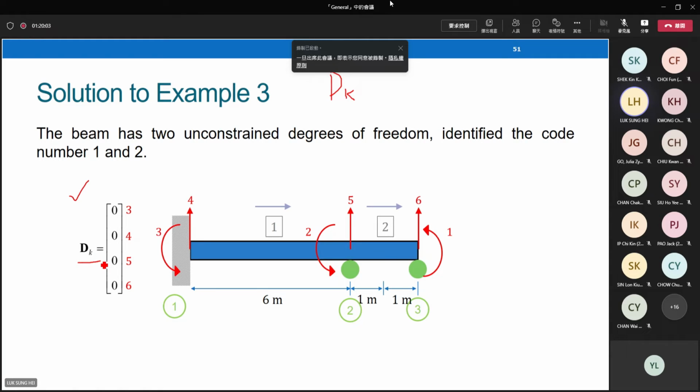If you use the shortcut, then for Qk, you know the size and you know the code numbers, right? Qk involves code number 1 and code number 2. You know the code numbers for Qk, but what about their values? Well, their values are equal to 0 here because we do not have any applied moment.